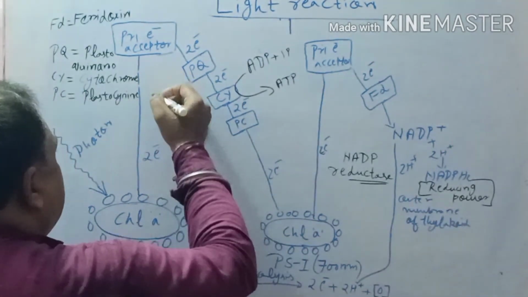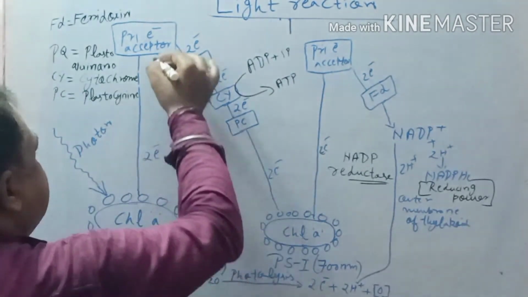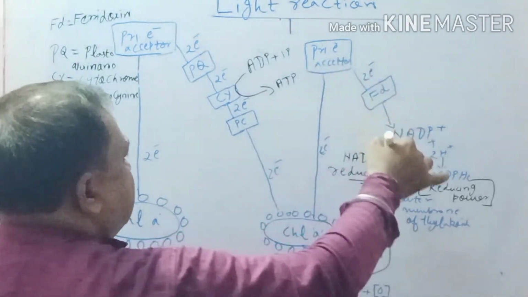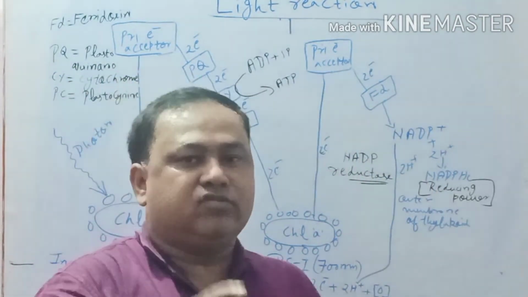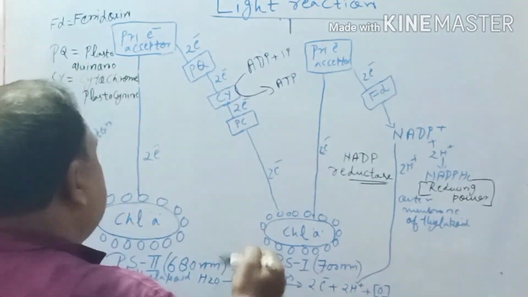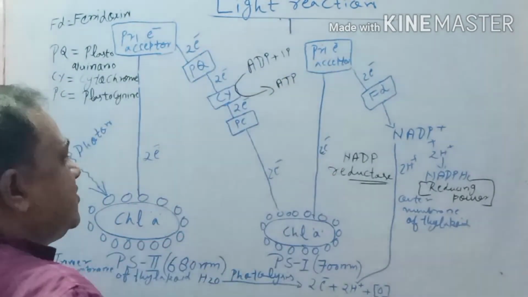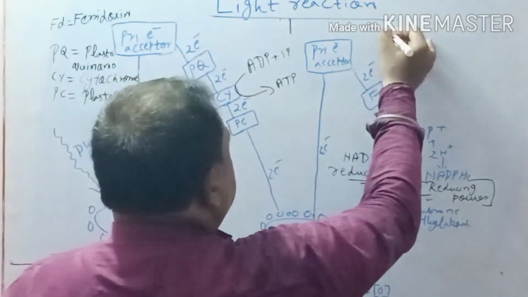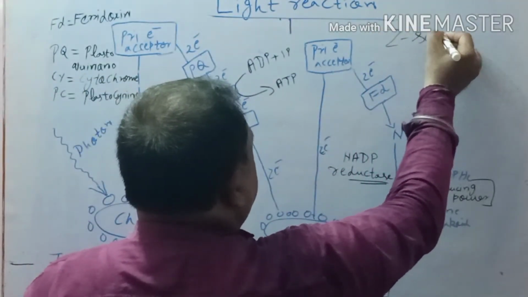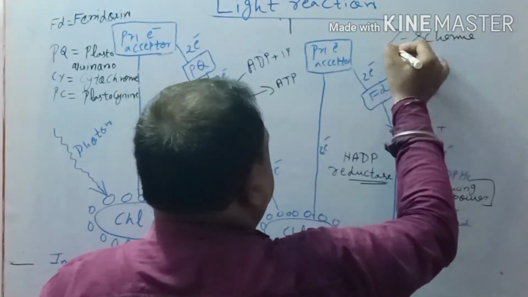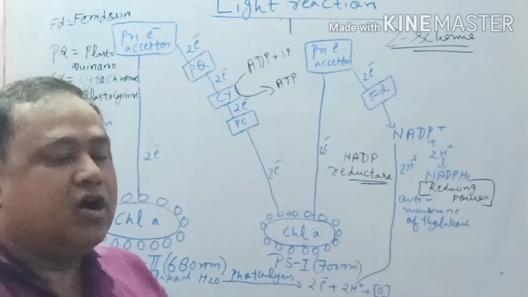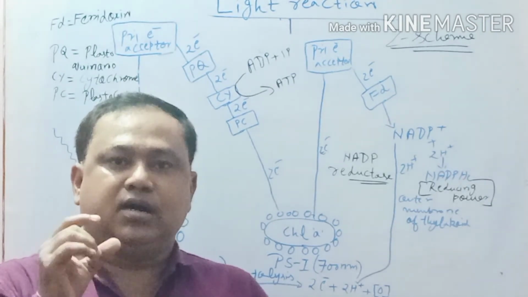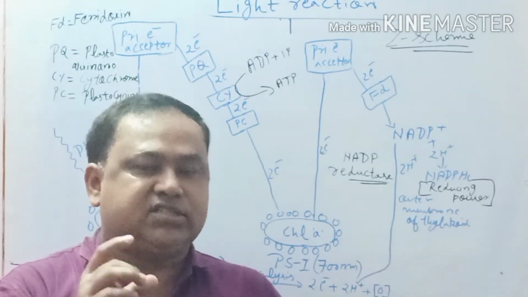The process looks like a Z, so due to this Z-like manner, the process is called the Z scheme. And the question arises here: how many photosystems are involved in this kind of process?